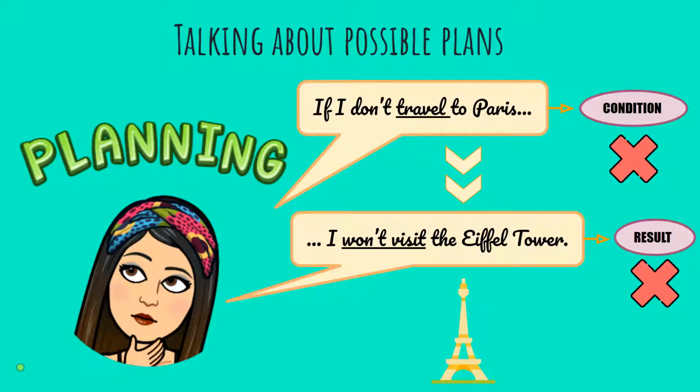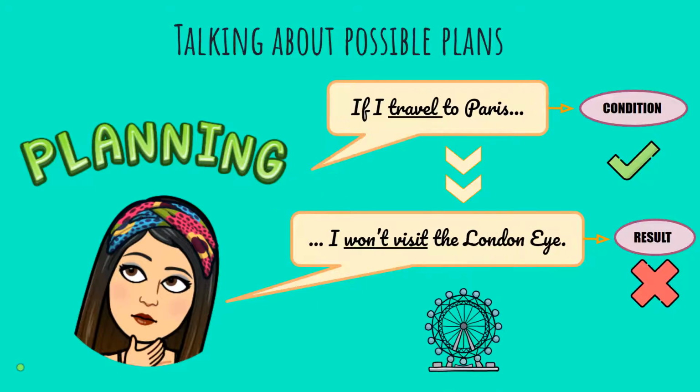That is a negative result. Or we can also express this idea in a different way. If I travel to Paris, positive condition, I won't visit the London Eye, negative result. Obviously, because the London Eye is in London, not in Paris.